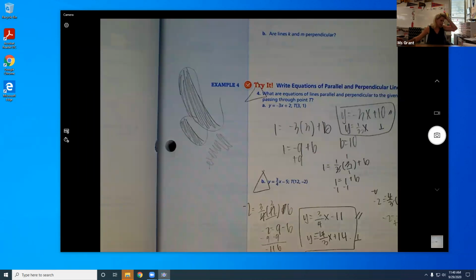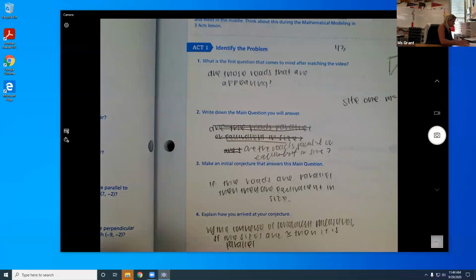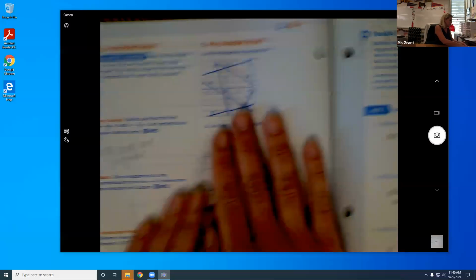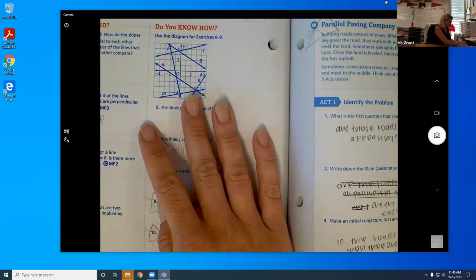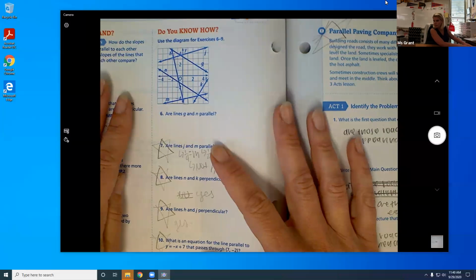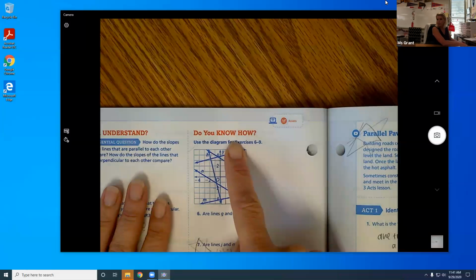Do you understand 2 and 3? Okay. Anyways, this is someone's from last year. So you have to look on the lower corner, topic 2, lesson 4. Do you understand 2 and 3? And then, do you know how 7 through 10?